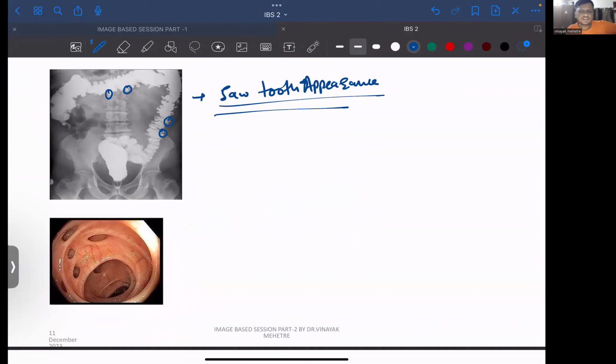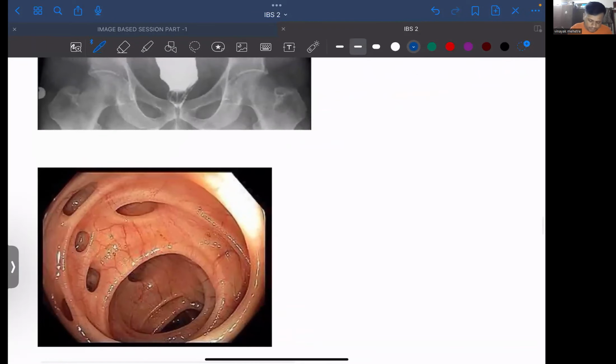Saw tooth appearance is seen in diverticulosis. What is diverticula? Outpouching. We call outpouchings diverticulosis, right? Such pouches will form inside the intestine.